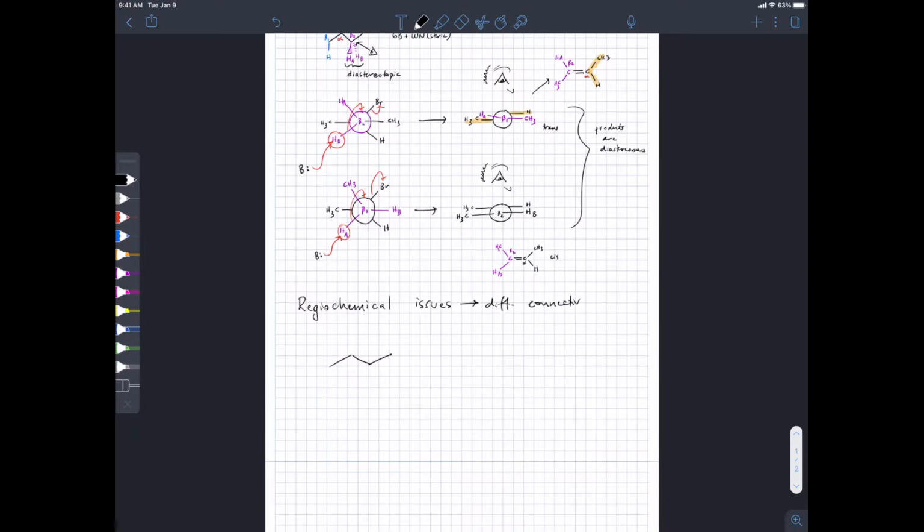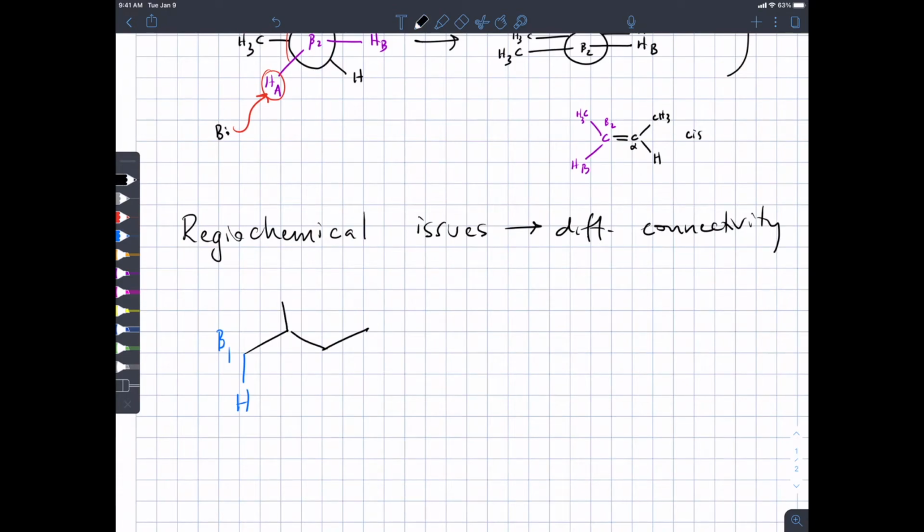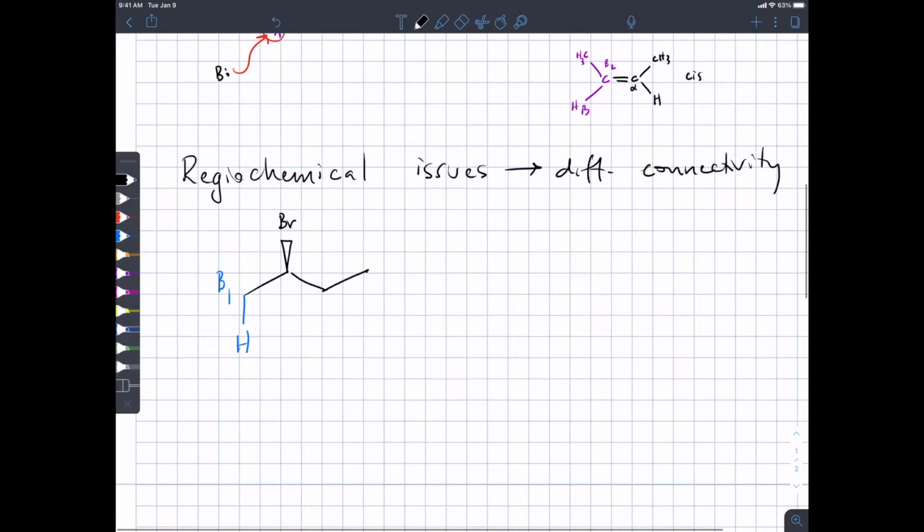So let's just predict the product that would form from elimination of the proton from beta carbon 1 using this starting material. Now, if your beta carbon is a methyl group, all the issues of being anti-periplanar you can sort of forget about, because that methyl group has 3 identical protons. It's going to rotate around such that one of them is anti to the leaving group.